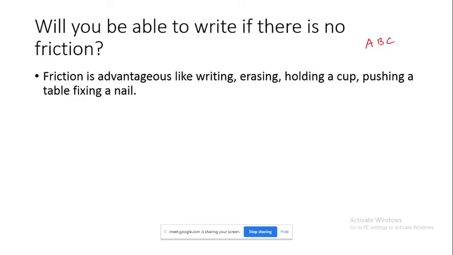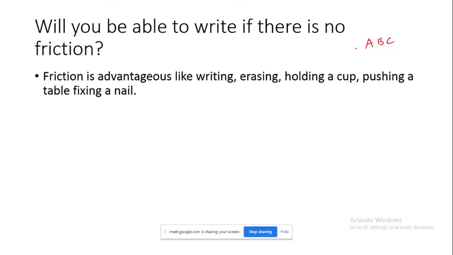When you want to rub something, you are moving the eraser, and the irregularities in both surfaces come into contact. So frictional force is acting, and this frictional force is allowing you to erase that off, right?